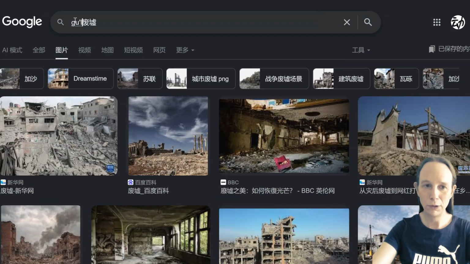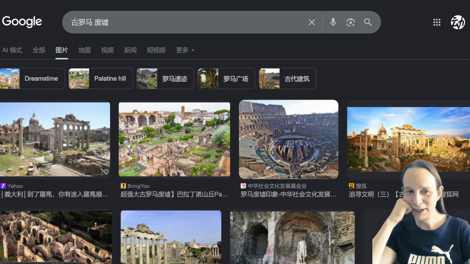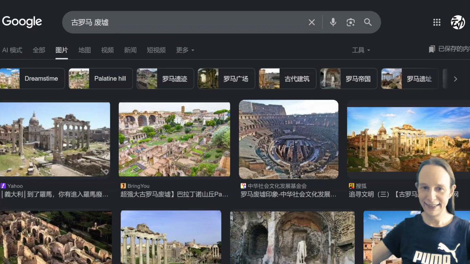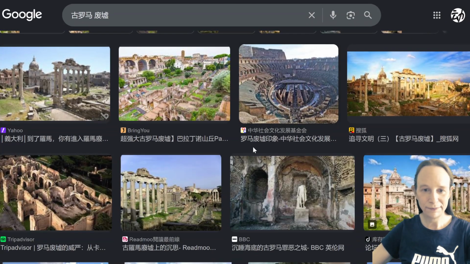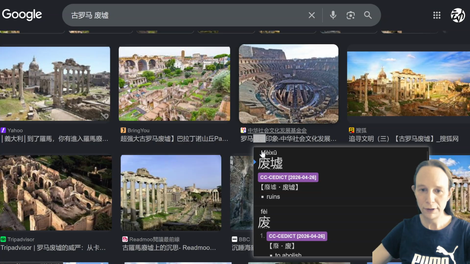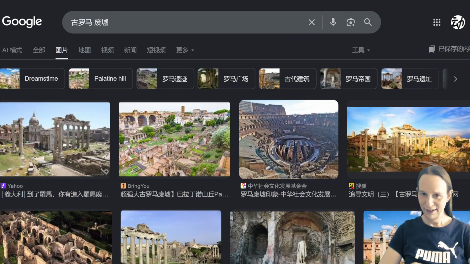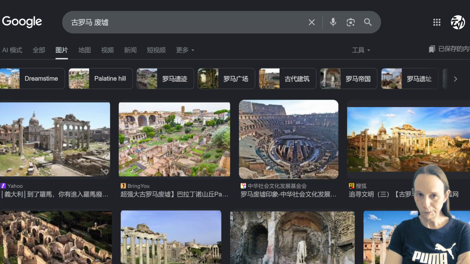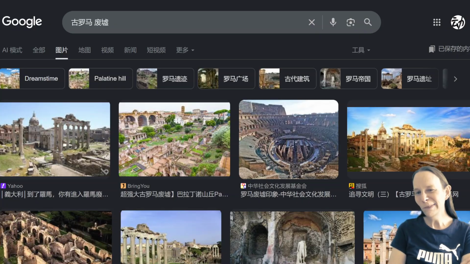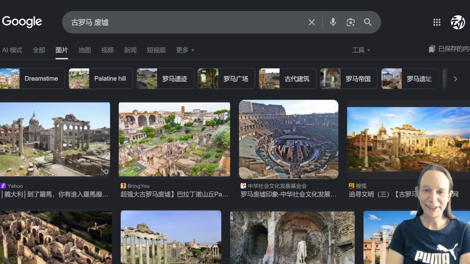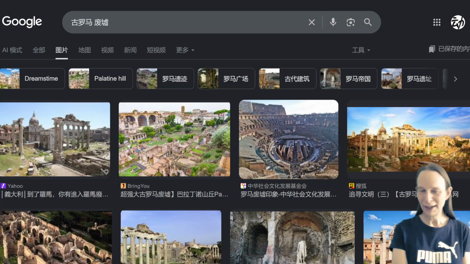Let's say 古罗马, ancient Roman ruins, like this. 罗马废墟, ruins. It's the same as in English, both old ruins. I don't know. The ruins of a city after it's been bombed. Do you say that in English? Probably do.